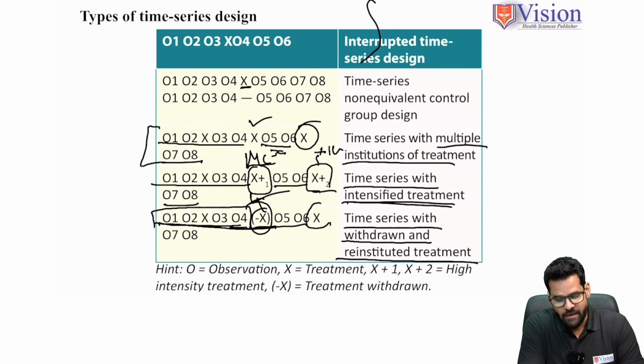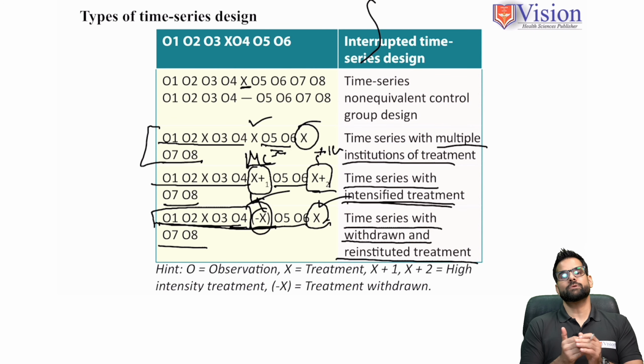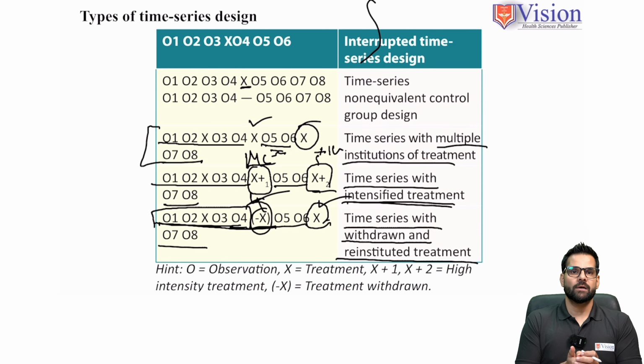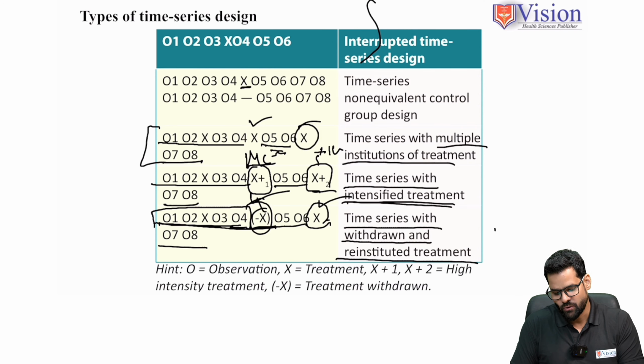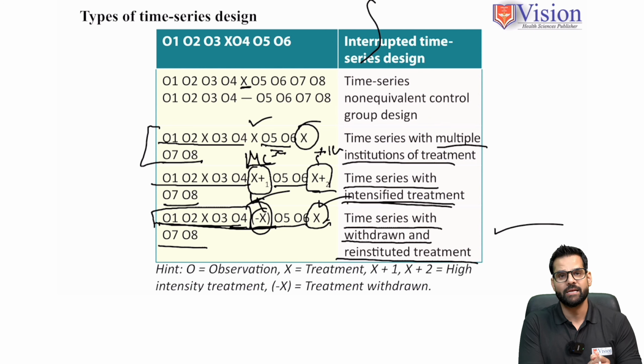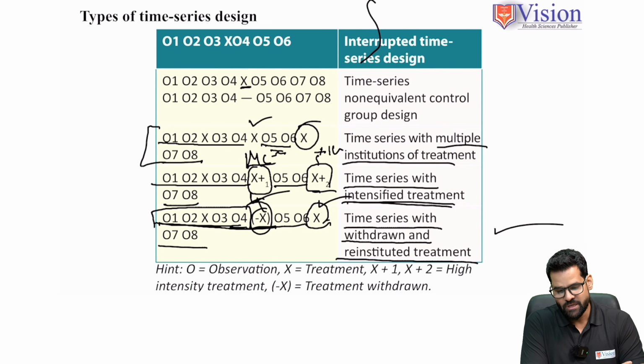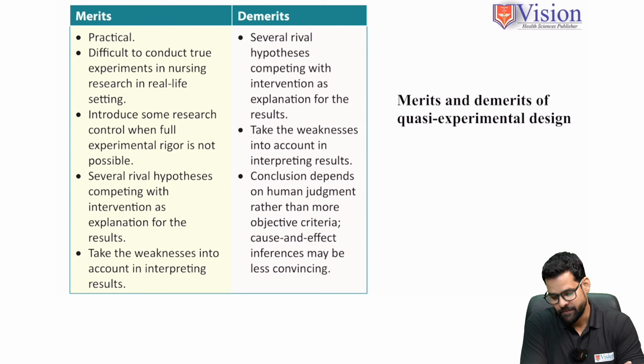Then we introduced the appraisal system and saw the impact. So when you have an intervention which you withdraw from the scheduled time and reinstitute, that kind of design is called a time series withdrawn and reinstitution of the treatment. So these are some of the important time series designs we can see here.